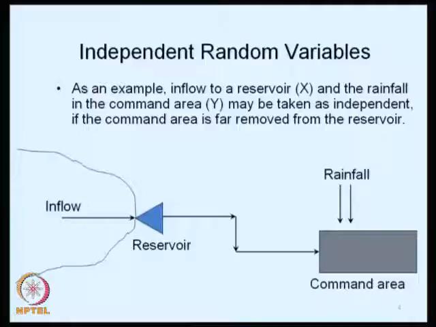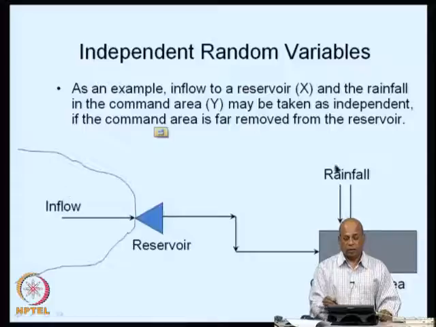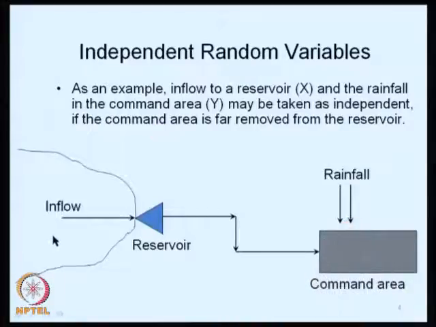Note that the inflow here in the catchment area of the reservoir is generated by the precipitation in the catchment area, and the rainfall in the command area, if the command area is far removed from the catchment area, may be assumed independent of the inflow that comes to the reservoir here.